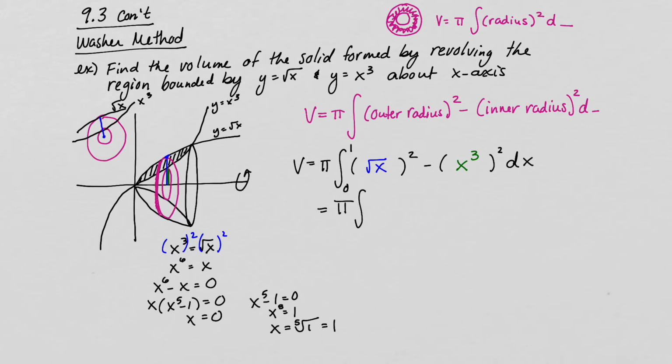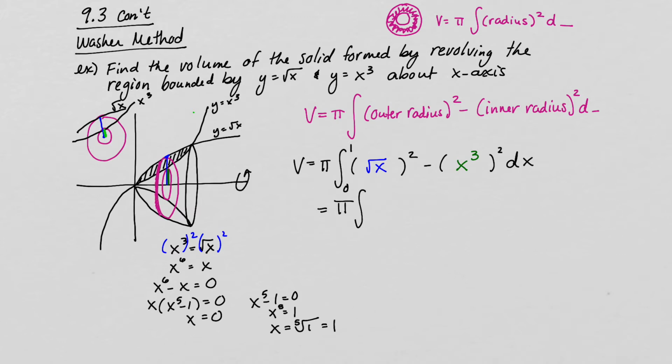And then my inner radius, let me find a better color than that green, because it's kind of dark green. What about if we try a little bit of a lighter green? My inner radius goes from here up just to this part there.